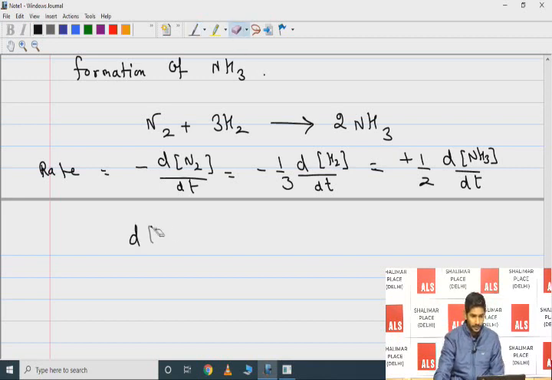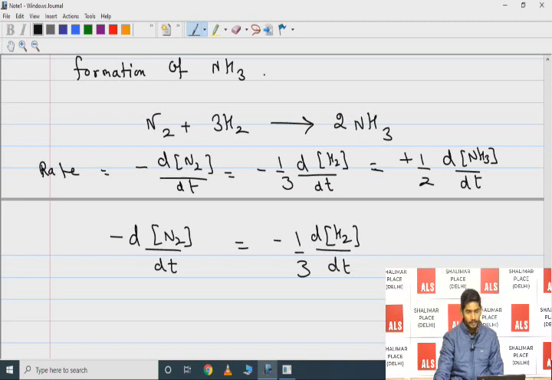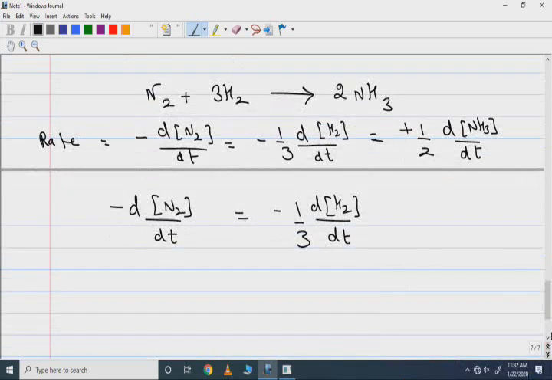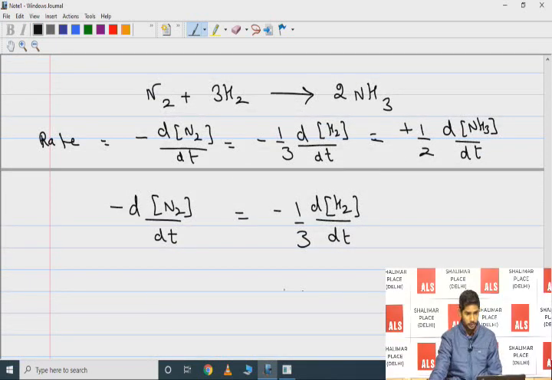dN2 by dt with H2, means rates of N2 and H2. Okay. Here you can see both are having the negative signs, so they will be simply cancelled out. Our question is saying the 10 mole becomes the 8 moles. Okay. So we know that change we can calculate by simply putting the final value minus initial value.